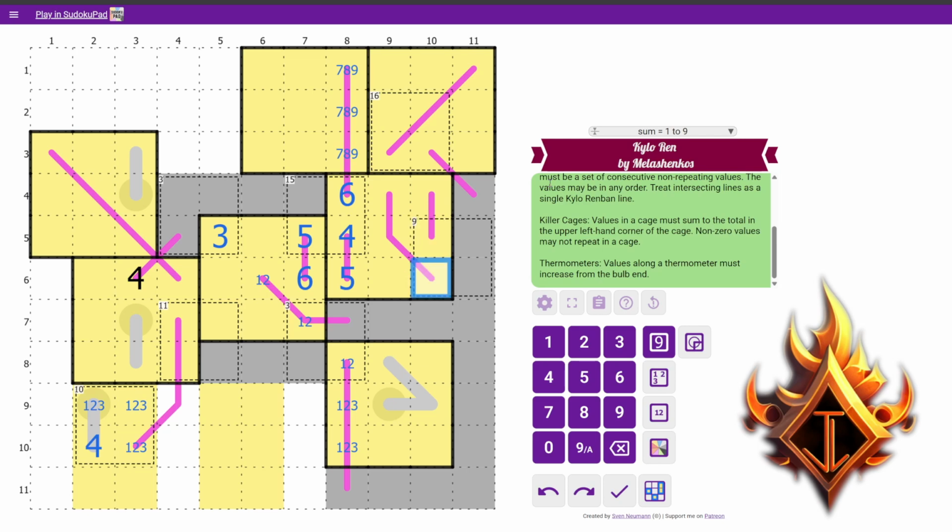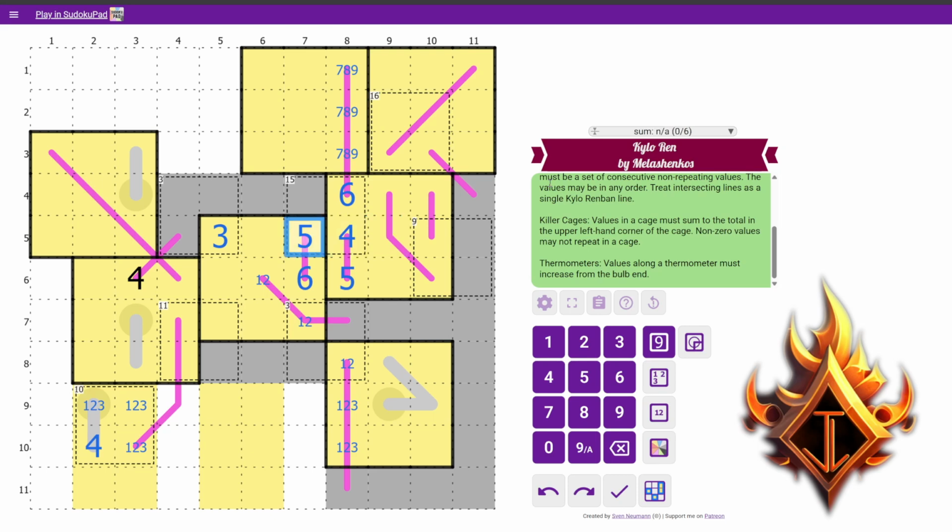If this was an 8, that would be a 1. Neither of them will be a 9. But this could be, though. If this was 7, that would be 2. 8, 9. I think there's several options there.